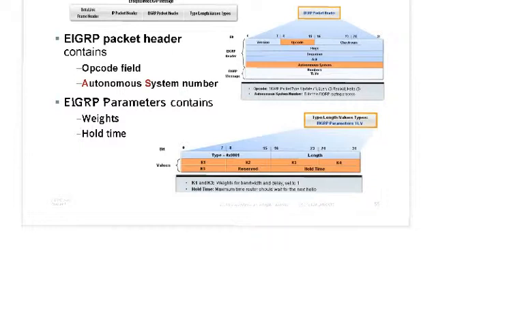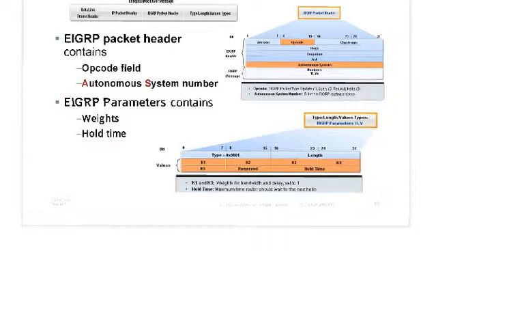So when you run multiple instances, you need to give each one a specific ID in order to identify that process. The reason for this is the fact that EIGRP can deal with multiple network level protocols concurrently. It can deal with IP, IPX, AppleTalk, and so on.